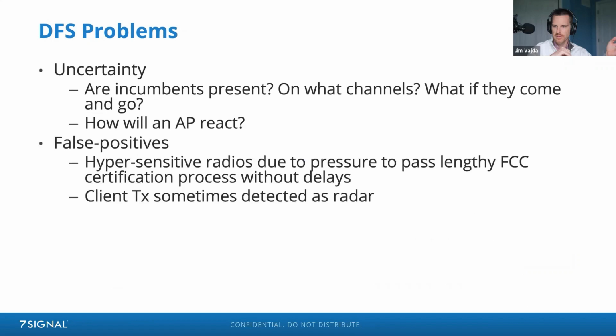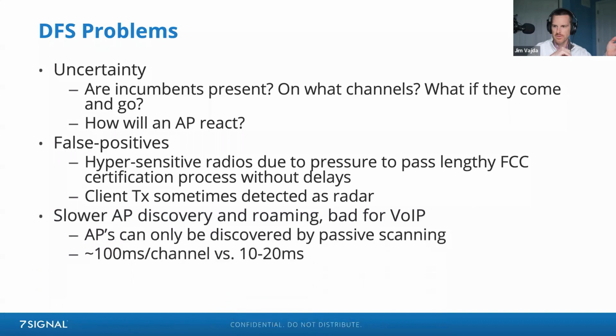We also have this real problem with false positives where the DFS detection circuitry within an AP is just hypersensitive because it's important that the AP gets through an expensive and lengthy FCC certification so we can get out to market and start being sold quickly. And so we get a lot of false positives, unfortunately. Sometimes clients themselves get detected as radar.